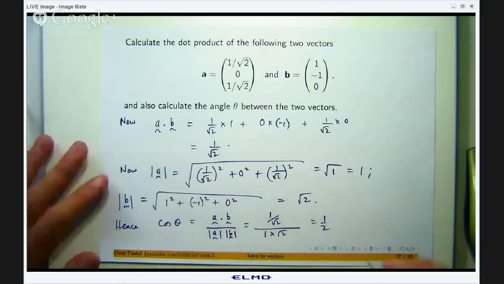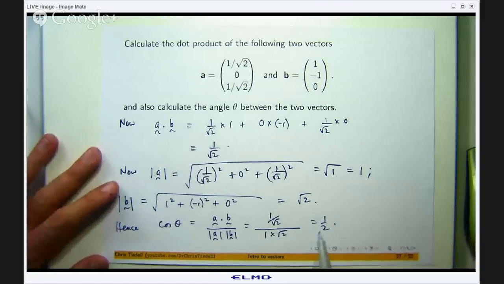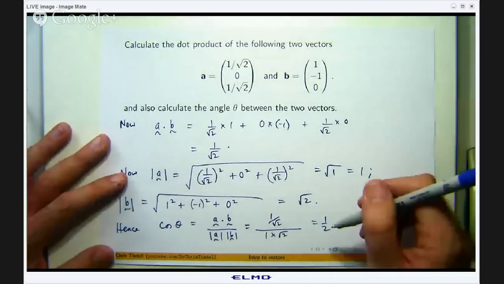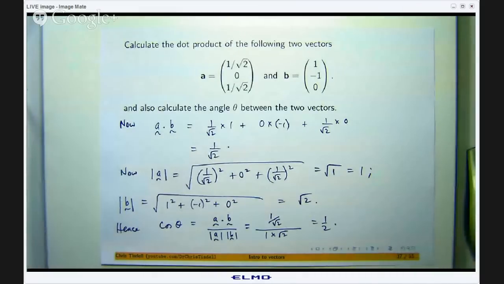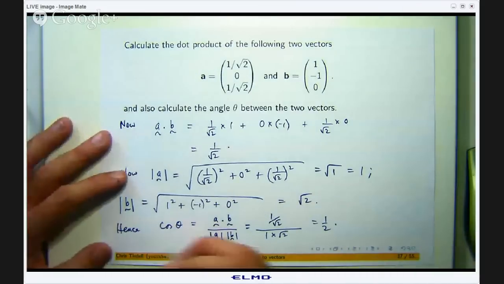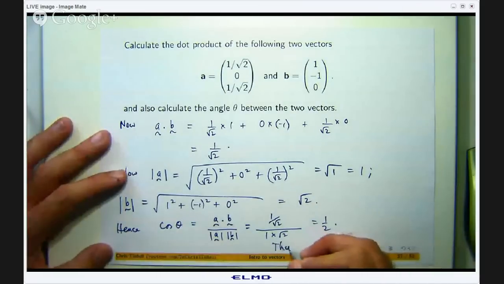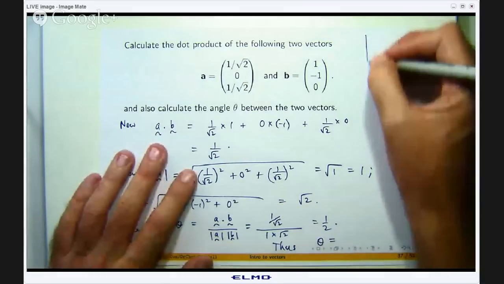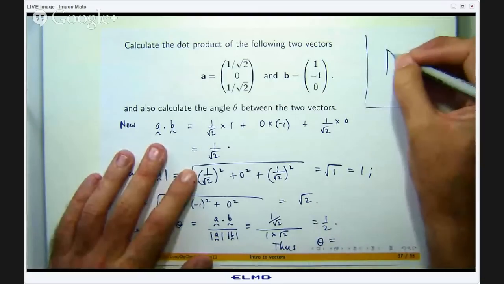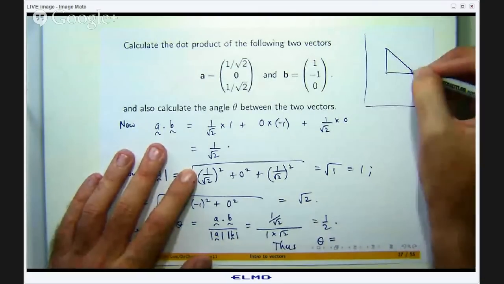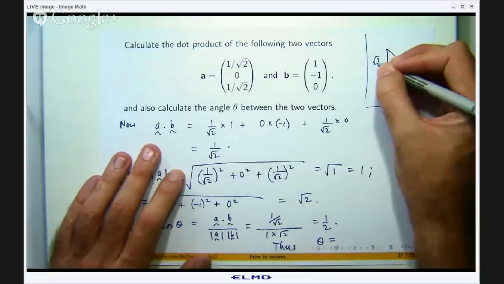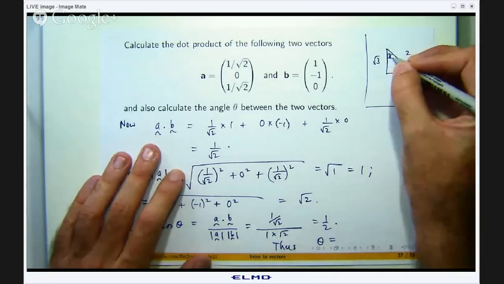Okay, so how do I know what theta is? Well, you can work it out. You can either do it using a triangle, or you may just know that off by heart. So if you draw a little triangle in, this isn't to scale. This angle is going to be pi on 6.